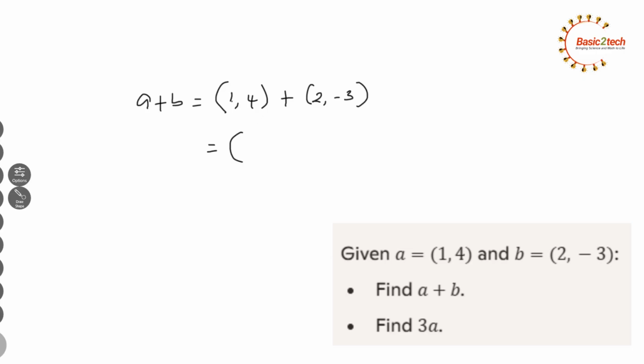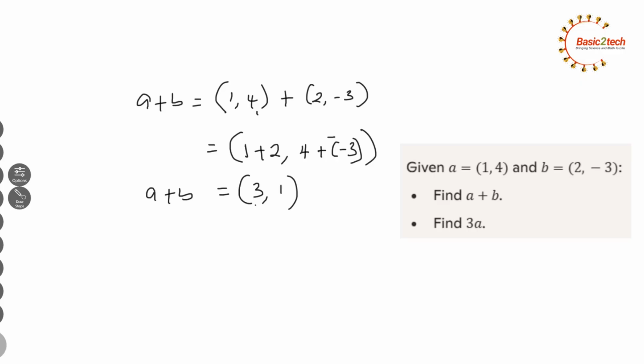So it becomes 1 plus 2, then 4 plus minus 3. 1 plus 2 is 3. Plus minus is minus, so 4 minus 3 is 1. So A plus B is 3 and 1.